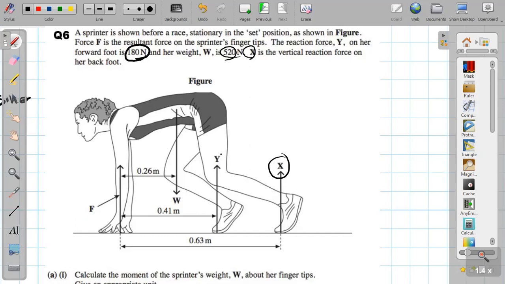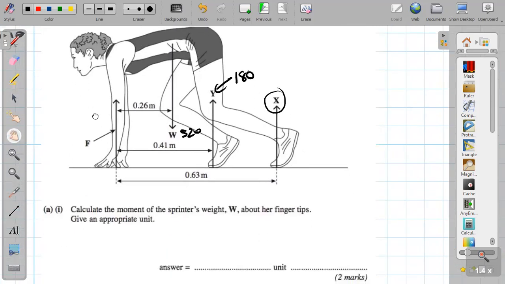This one is known, 180, right? The weight is 520. And F is the what? Resultant force on the fingertips.